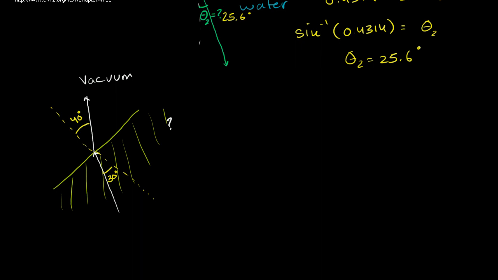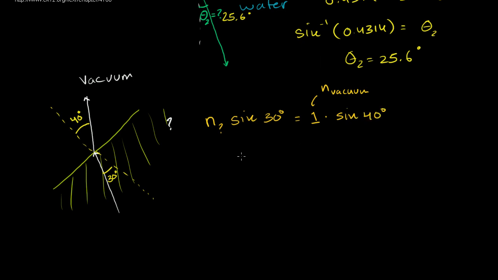So we know the refraction index for this questionable material times the sine of 30 degrees is going to be equal to the refraction index for a vacuum. Well, that's just the ratio of the speed of light in the vacuum to the speed of light in the vacuum, so that's going to be 1. I'll just write a 1 there, times the sine of 40 degrees.